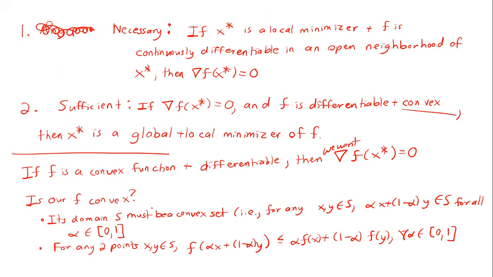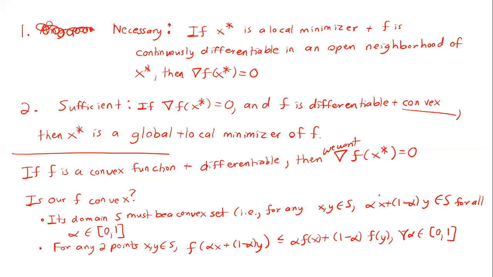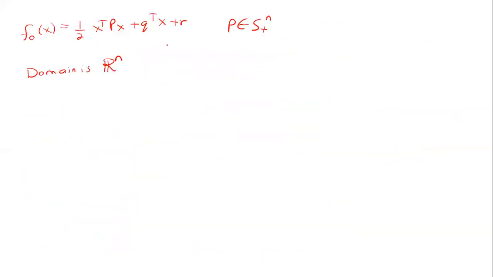Does it meet the condition that I make some linear combination of two points x and y, where the alpha has to be between 0 and 1? Well, yes, Rn is a vector space. And so if I make any linear combination of any two vectors in the vector space, it gives me back a vector in the vector space. So we already know that for sure the domain is a convex set. So the domain is Rn, convex, yes, due to being a vector space.